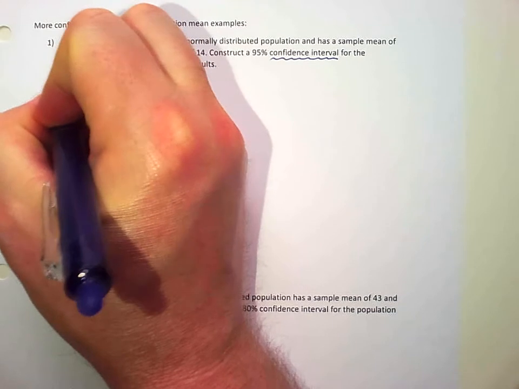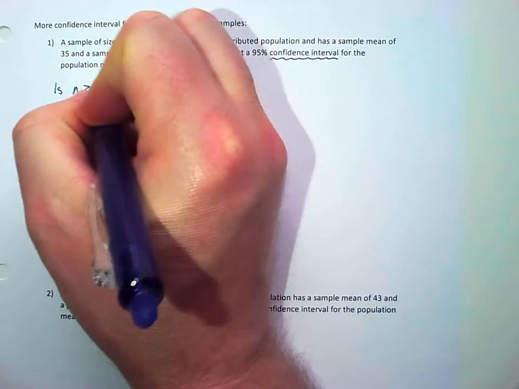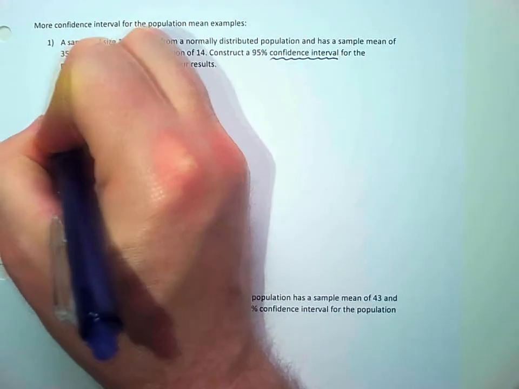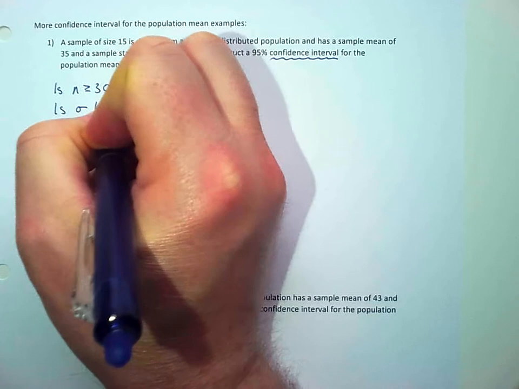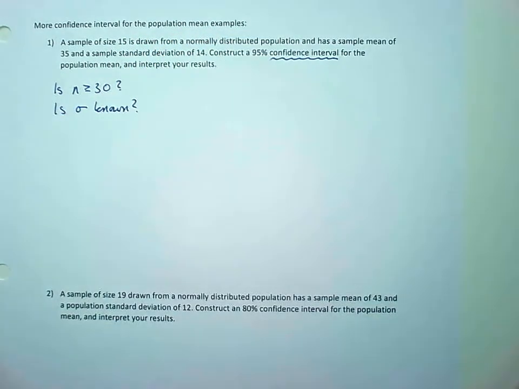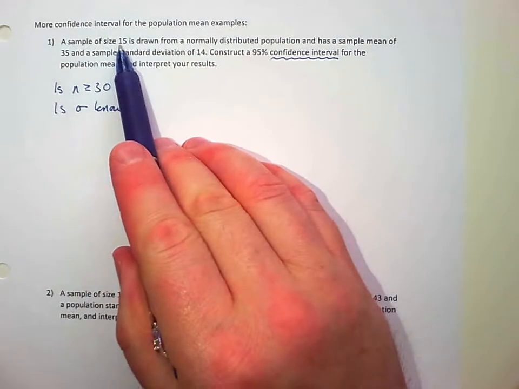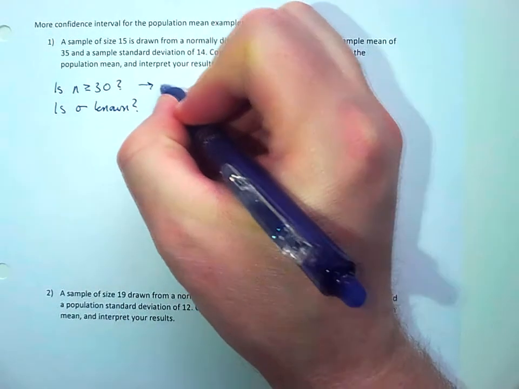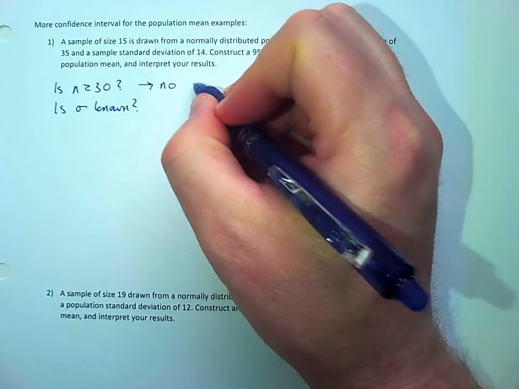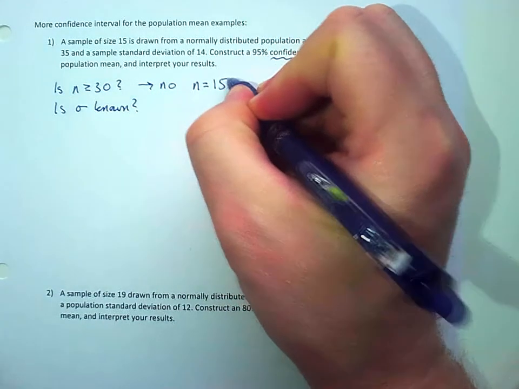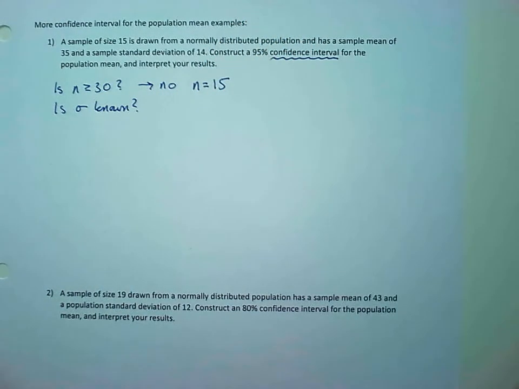With those two questions. Is n greater than or equal to 30? And is sigma known? So, is n greater than or equal to 30? No. It tells us that we have a sample size of 15. So, n is equal to 15.